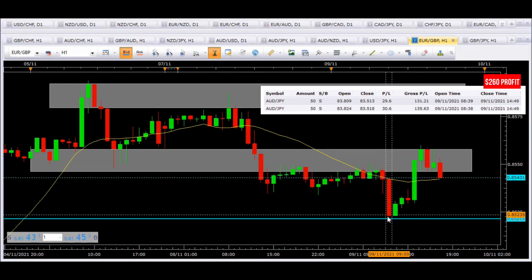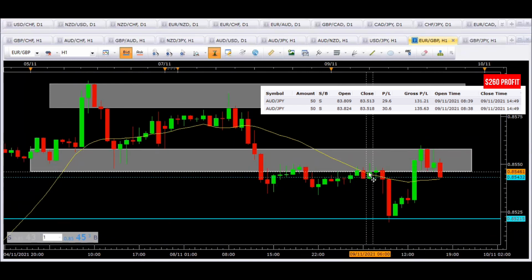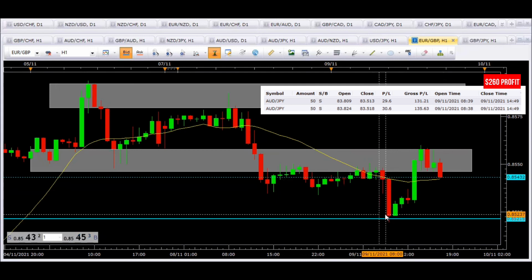So I'm not really interested in this pair anymore, because it hit the target and, as you can see, it's bounced back up. It may come back down, but after it hit the target, I left this trade alone, guys. Unfortunately we couldn't get into the trade.